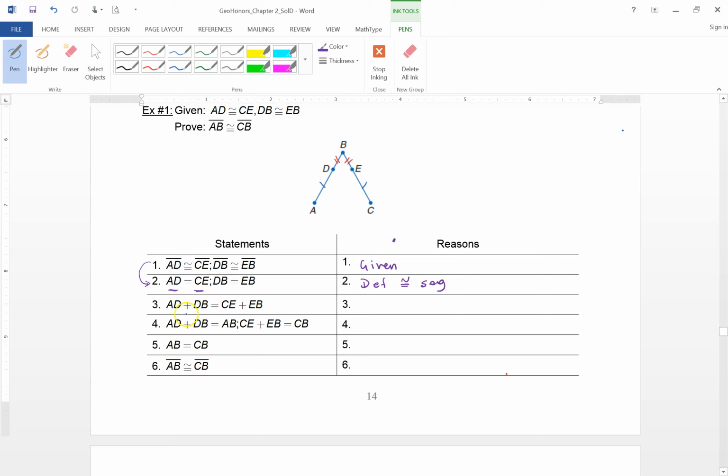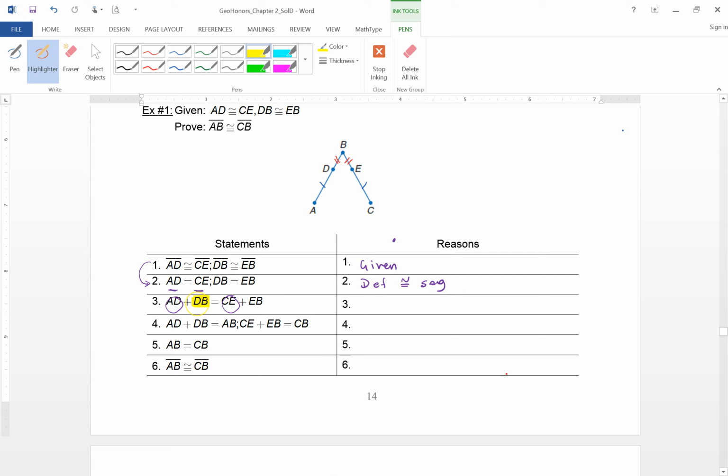Now, look at what's happening here. AD plus DB is equal to CE plus EB. Okay? Now, how did I get from here to here? What do I know about AD and CE? They're the same, right? So they're the same thing. Now, what have I added to AD?